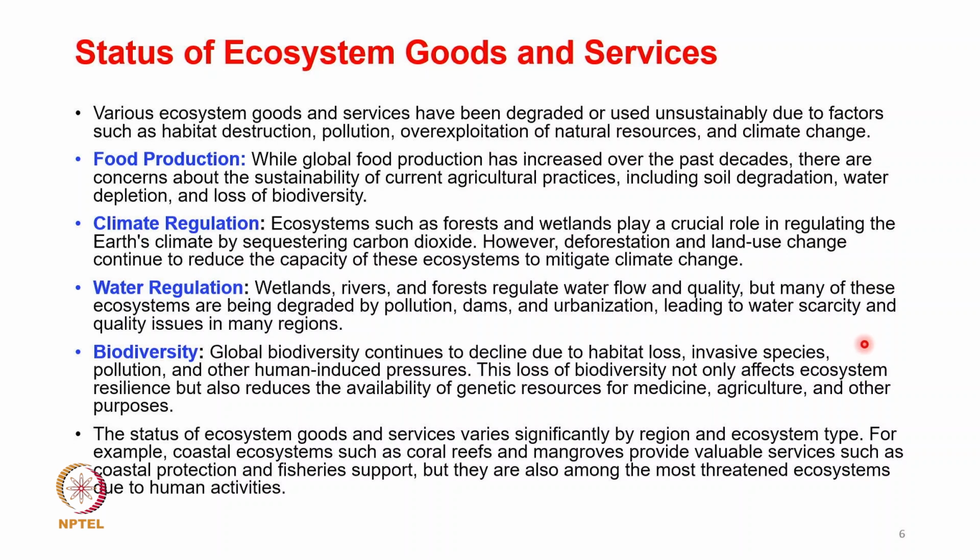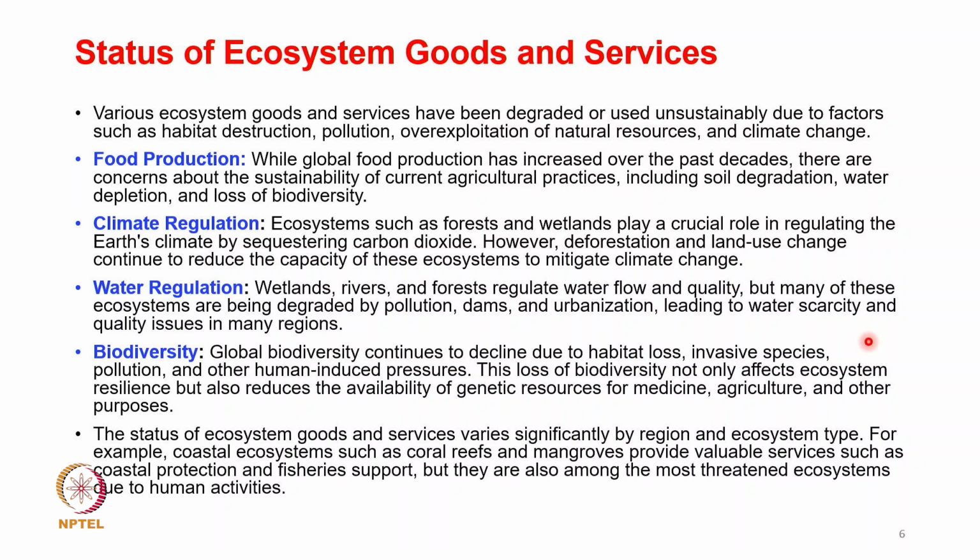And the third is water regulation. Water regulation is about wetlands, rivers, and forests that regulate the flow of water in terms of quantity. But many of these ecosystems are now degraded, and dams and urbanization are leading to water scarcity and water quality issues in many regions.